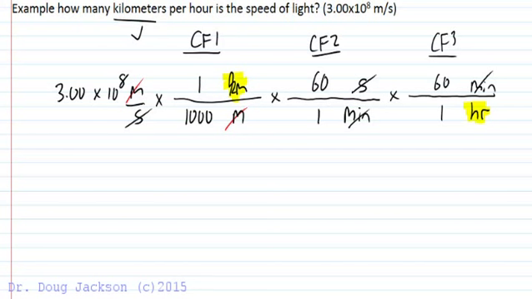So in our calculator, one thing that I wanted to point out that I didn't before is that we can punch this in usually by saying 3.00, capital E means times 10 to the, and then positive 8. Okay, that's one way we can put that in the calculator, so make sure we're practicing that. But let's punch it out. 3 times 10 to the 8 divided by 1,000 times 60 times 60.